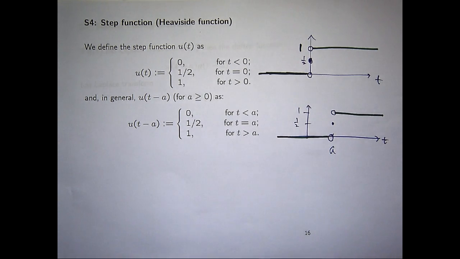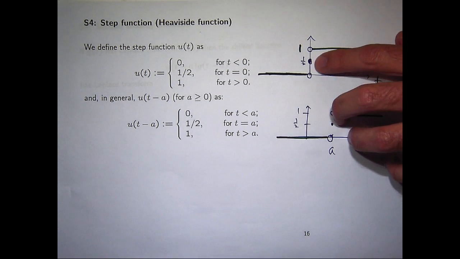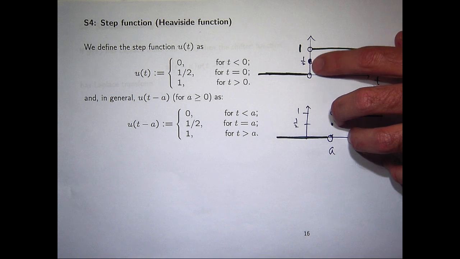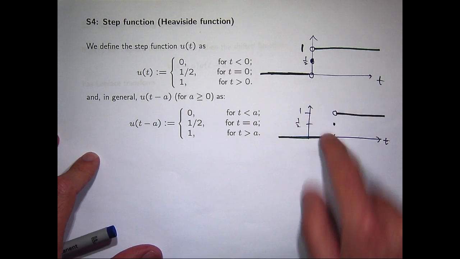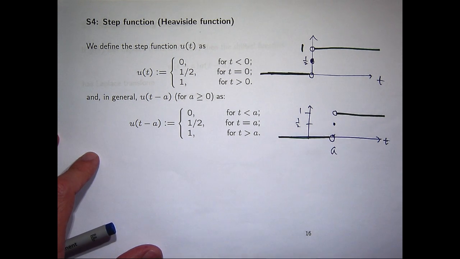Now, different people, different textbooks define the value at the jump point in different ways. Irrespective of whether you define it or not at the jump point, it doesn't affect the transforms, okay? Because it's just a single point. Okay, and then you can shift your Heaviside step function, say a units to the right, and basically the jump happens at t equals a.